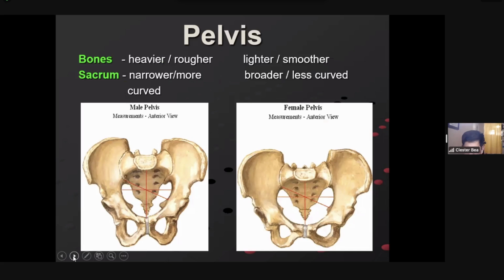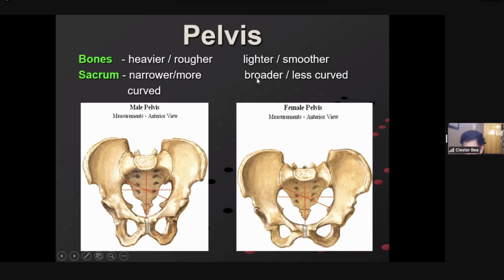So we'll start with the male bony pelvis on the left, the female on the right. As we would surmise, you have a heavier set of bony pelvis in the male and lighter in that of the female. The sacrum in the male is narrower, so this is the width.